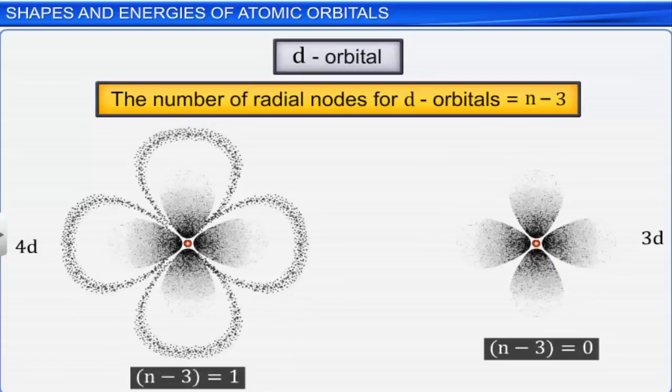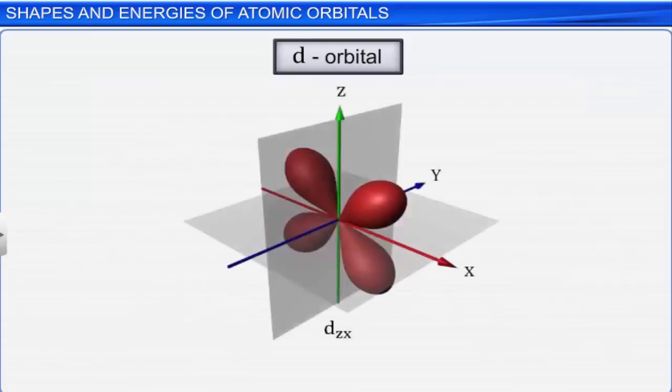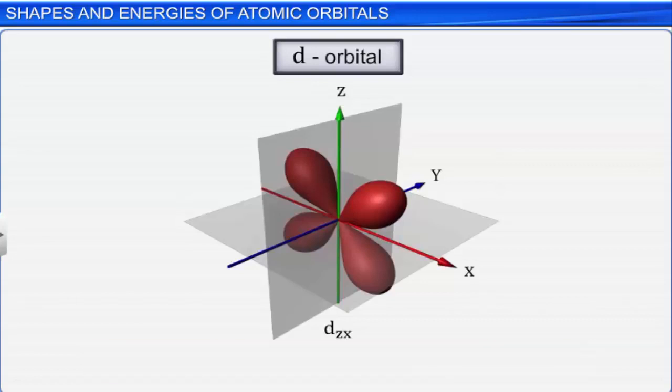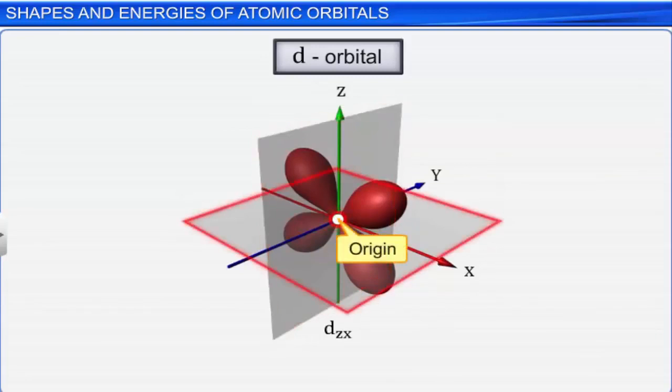On the other hand, the number of angular nodes is equal to the value of l, that is 2. Hence, 2 angular nodes exist for a d orbital. For example, for dxz orbital, there are 2 nodal planes passing through the origin and bisecting the xz plane containing the y-axis.